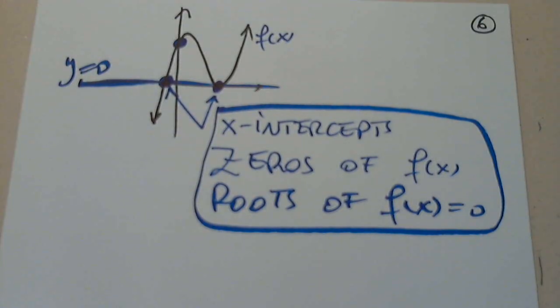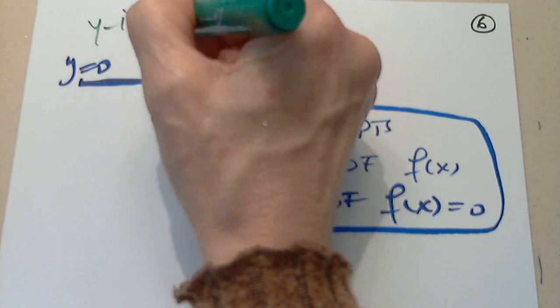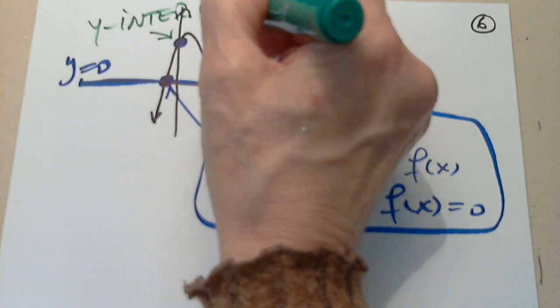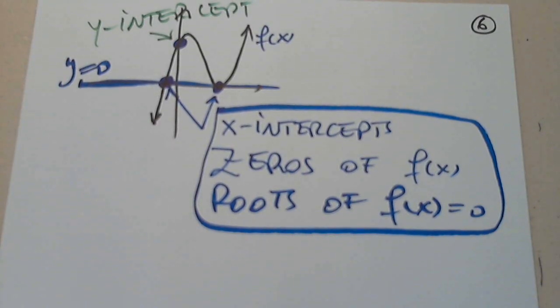Now, this one is called a y-intercept. A function can have more x-intercepts, but it cannot have more than one y-intercept.